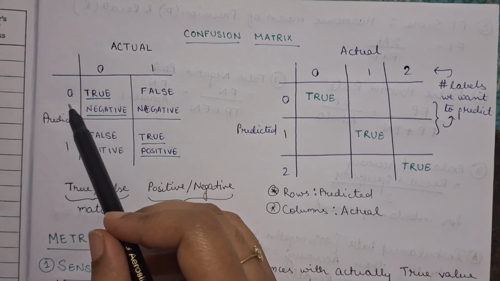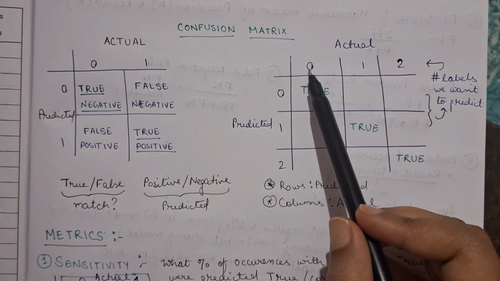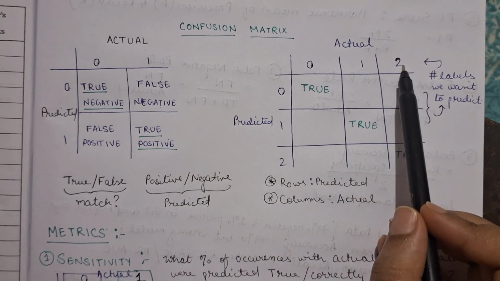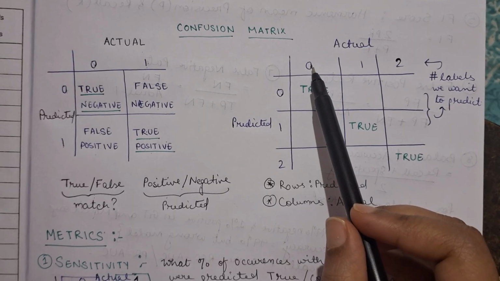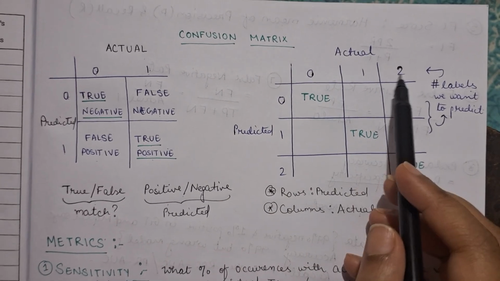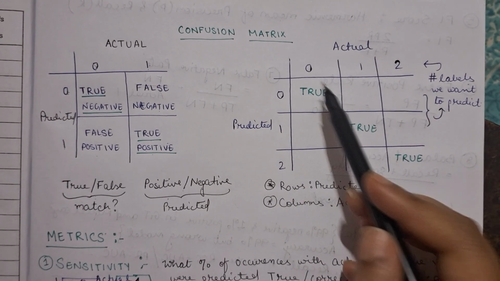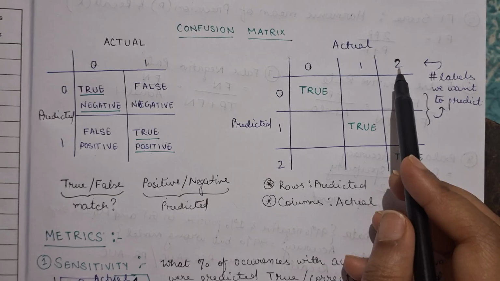Now this was for a binary classification where there were two labels. Now if we have multiple labels like 0, 1, 2 or random labels like apples, oranges, bananas, what we can do is we will have an n cross n matrix, where n is the number of labels.